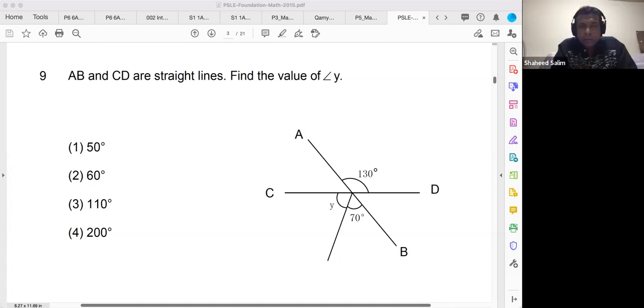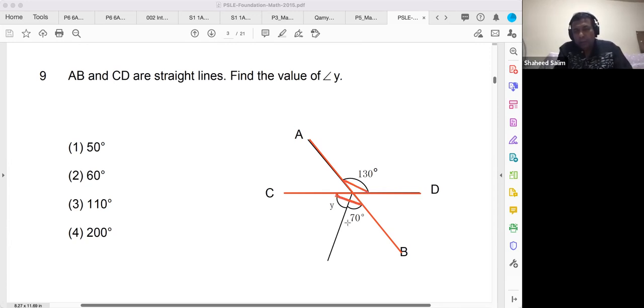Okay, so let us look at the lines. It tells us AB is a straight line. CD is a straight line. So this angle is the same as this angle. Okay, these two angles are the same.